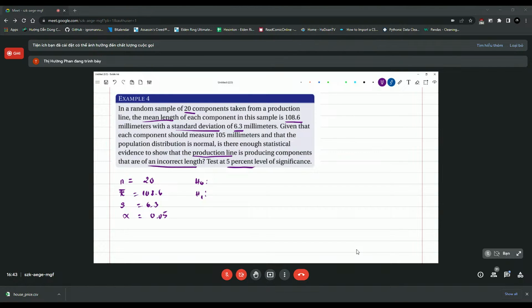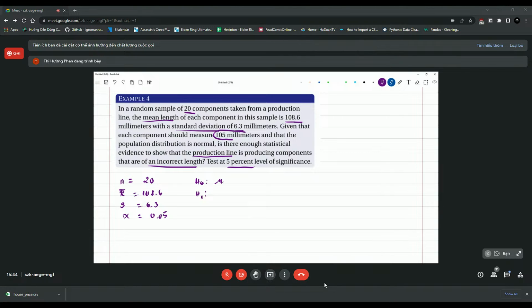Incorrect length. So what does it mean? If the mean length of components is different to 105 millimeters. So we know that we care about the population mean given by the parameter mu.